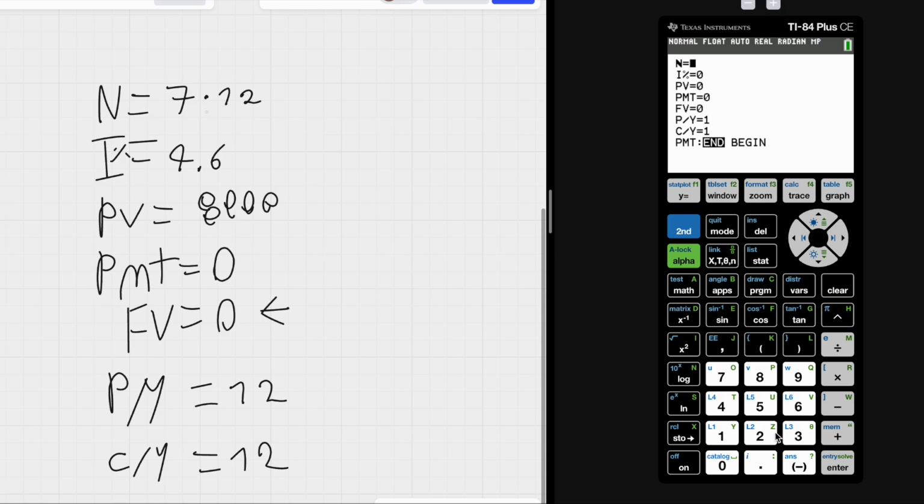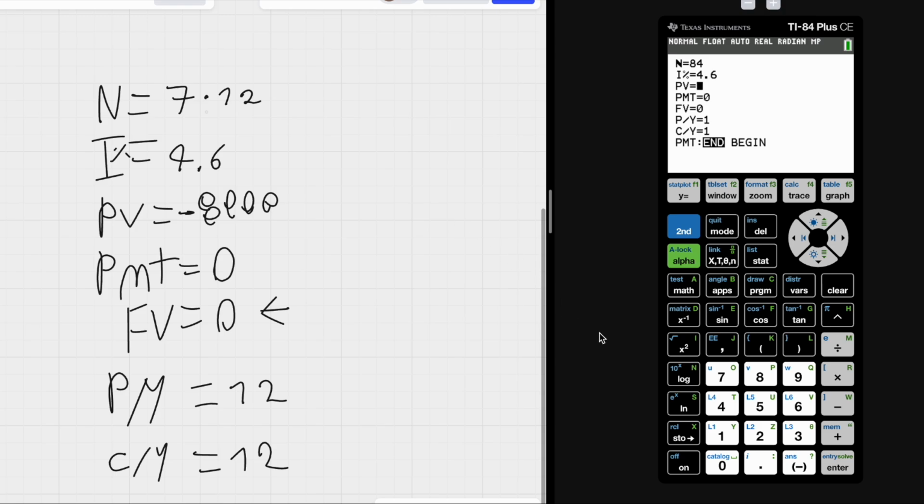So N is 7 times 12, interest is 4.6, present value, I recommend you put this as negative, so the GDC is going to give you the future value as a positive value.